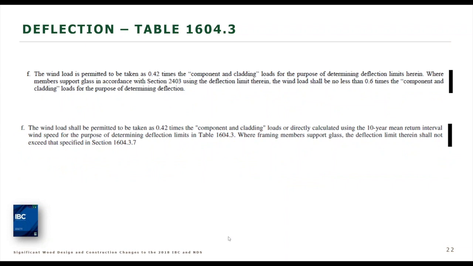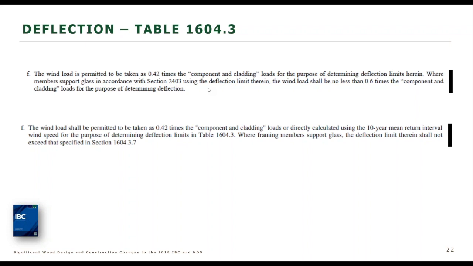And then the second aspect of deflection criteria has to do with what we use when we're determining our wind loads for deflection criteria for wind resisting lateral loads out of plane. Well, in the 2015 IBC, we were able to determine our wind loads using 0.42 times our components and cladding loads.